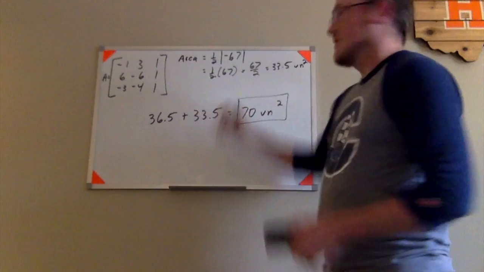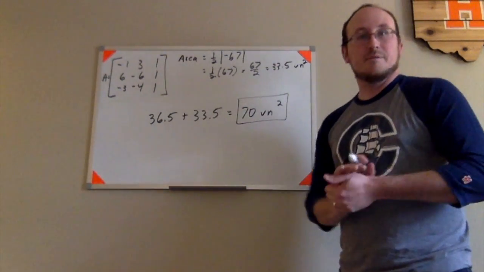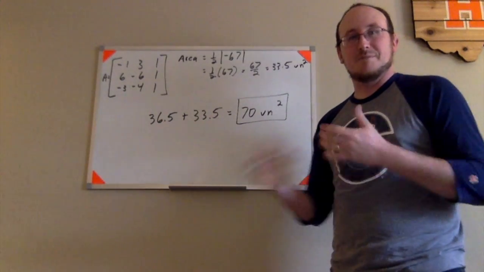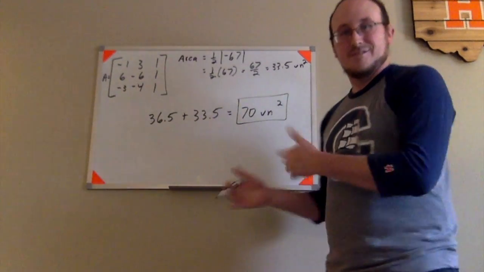So overall, the area of this entire polygon that we were looking at appears to be 70 square units, as long as I didn't make some sort of a computational mistake along the way. Looks like 70 square units.